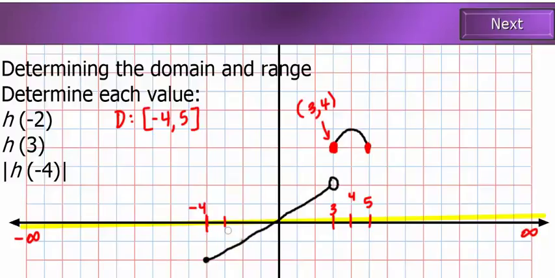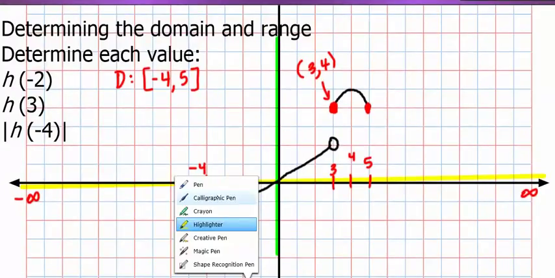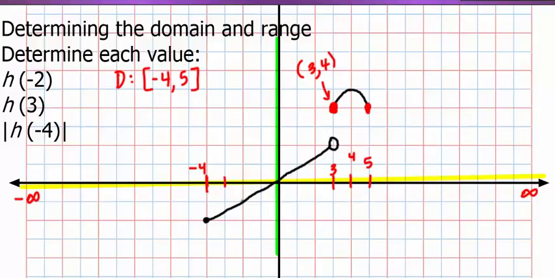The range is super cool, totally fun. We'll use a blue marker here. My range values, remember, negative infinity to the bottom, positive infinity on top, and now I'm going to take out all those values that are not included as outputs.